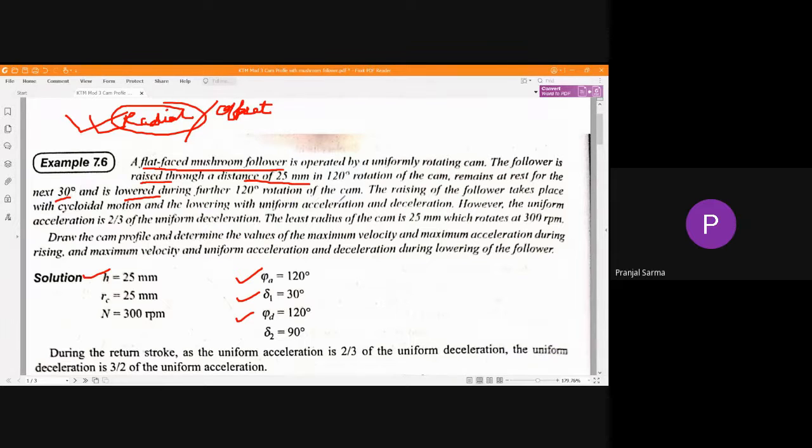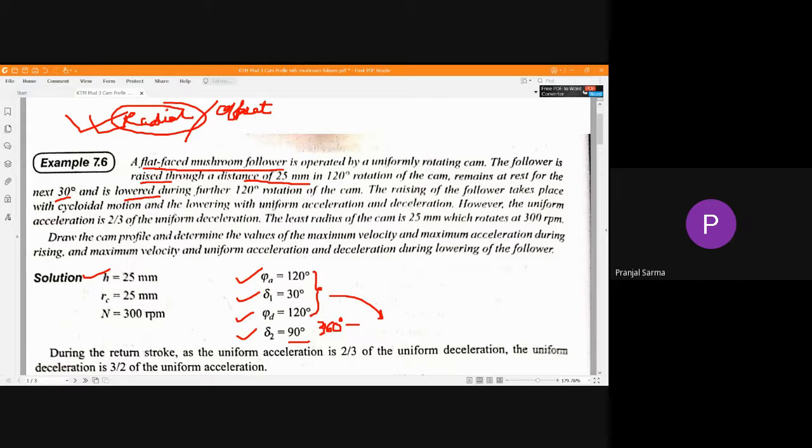Now automatically you will be able to find the second dwell: 360 degree minus the addition of these three angles, which gives us 90 degree. So this is about the lift value given as 25 mm and the four angles.